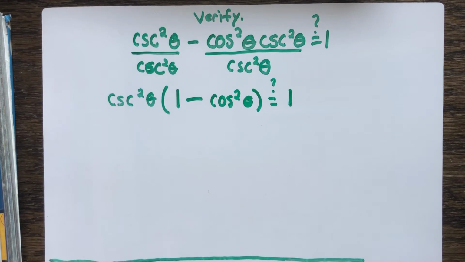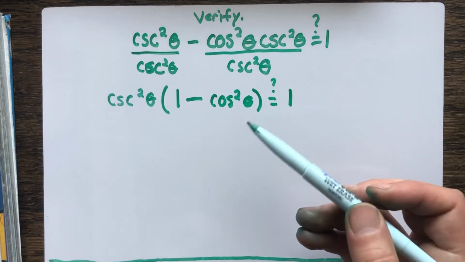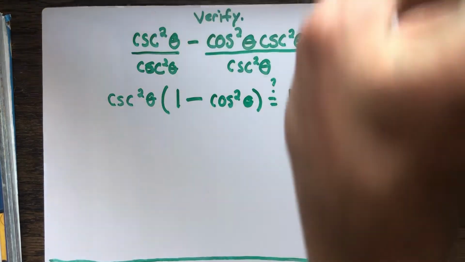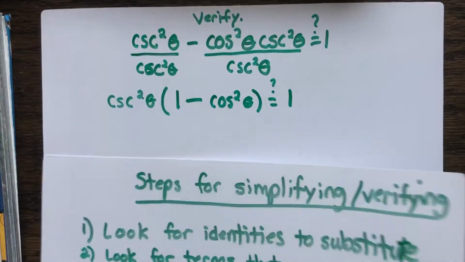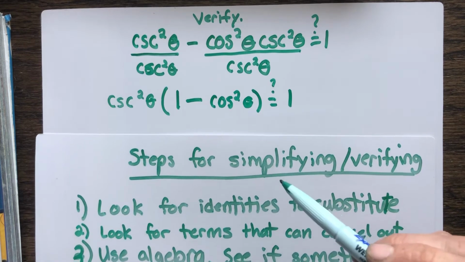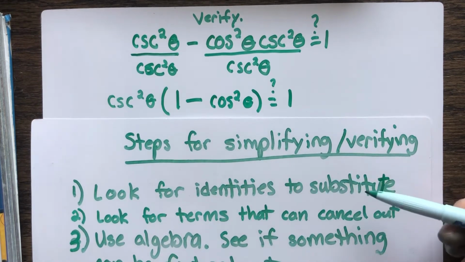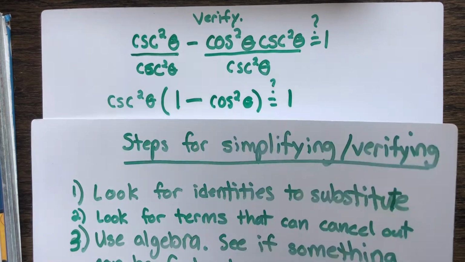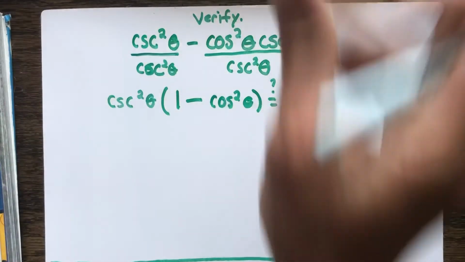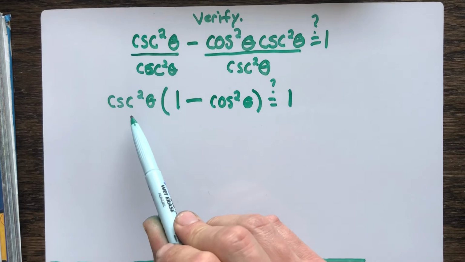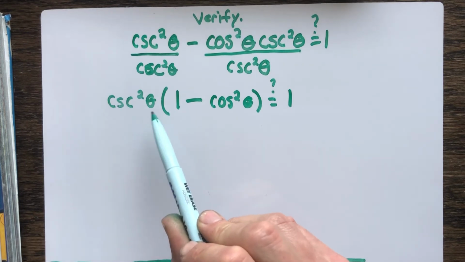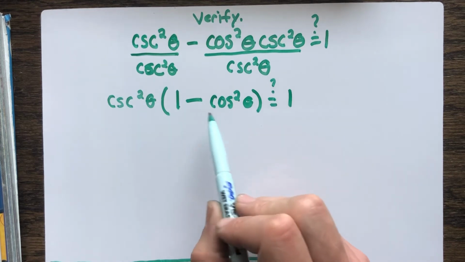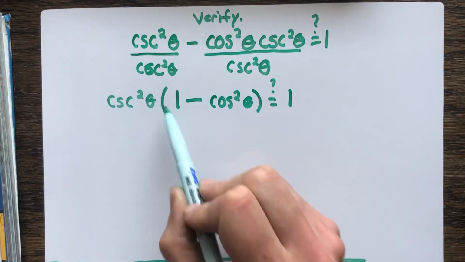Now, again, as soon as you do a step, go back and let's take a look at our steps again. Let's come back to our rules. Look for identities to substitute. What do you notice? Now that we've kind of taken something out, it's a little bit more obvious that we can use a Pythagorean identity somewhere. Well, yeah, look at this. We've got 1 minus cosine squared theta.